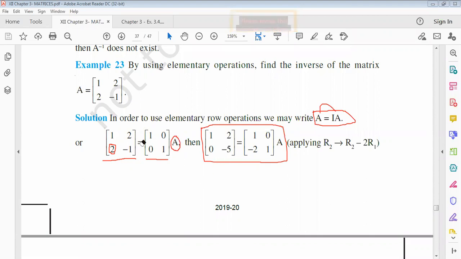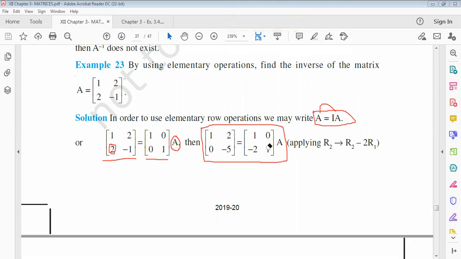And the same operation we have to apply to the identity matrix also. Again, the first row is multiplied by 2 and subtracted from the second row's elements.